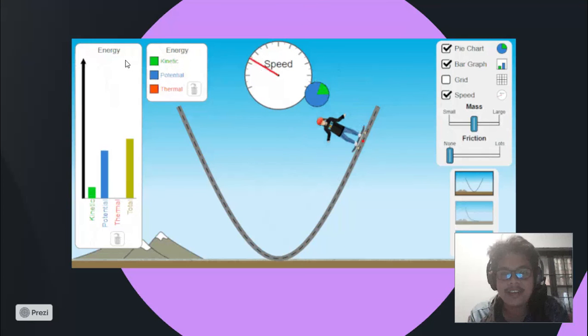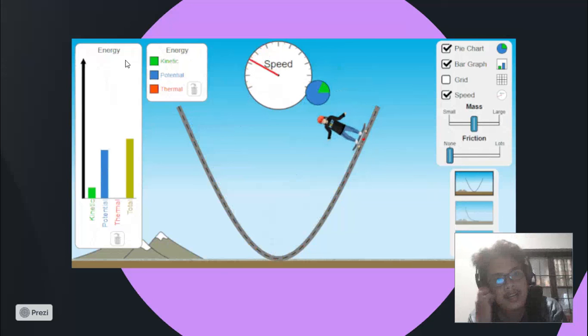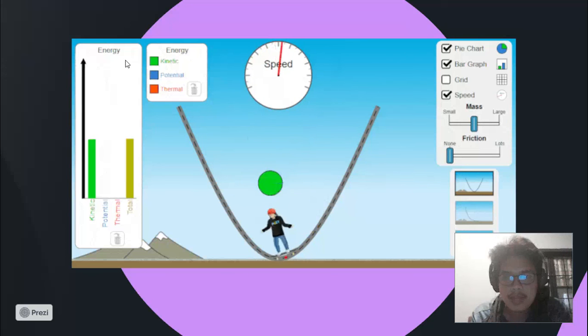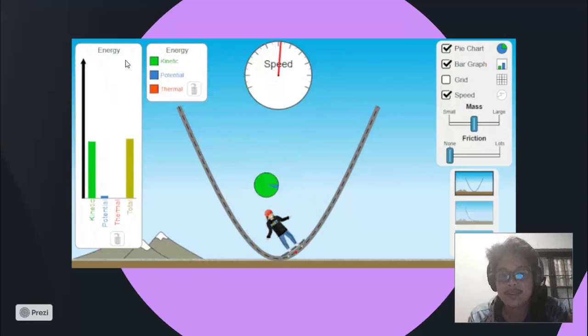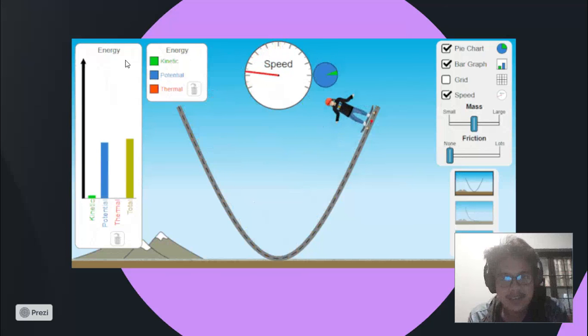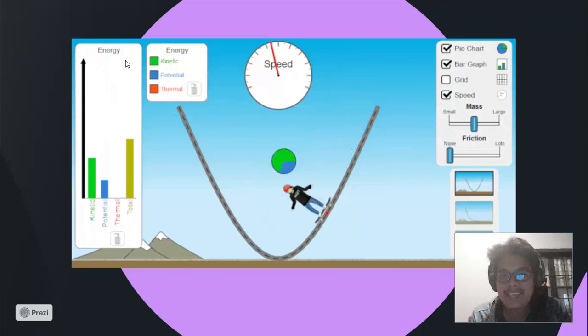Let's start with this one. It goes down and then up. What do you think is happening? As it goes down, what did you notice? As it goes down, it seems to get faster and faster. And of course, as it goes down, its height also decreases.